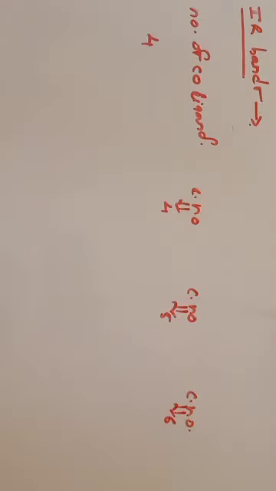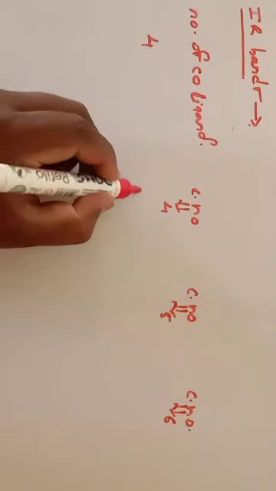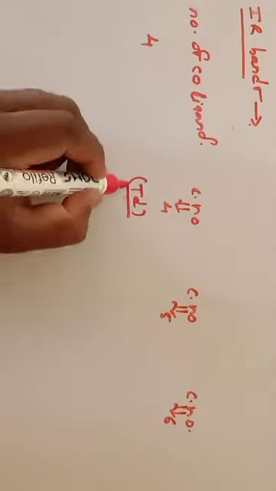Whenever the coordination number is 4, the geometry is a perfect tetrahedron.